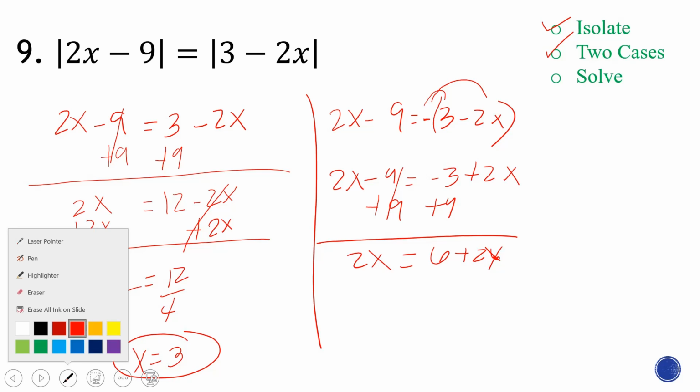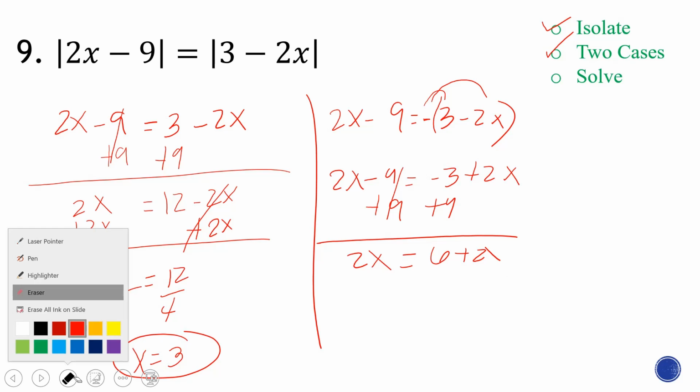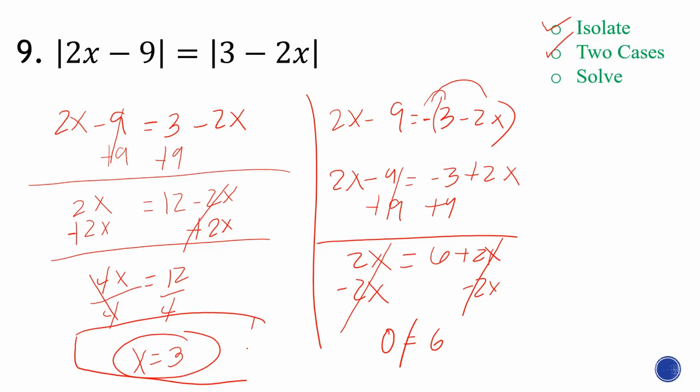Next are the terms with variables. So we will subtract 2x on both sides. Oh, that will be equal to 0. And 0 is not equal to 6. Therefore, that means we only have one answer to this one. One solution, one value of x.